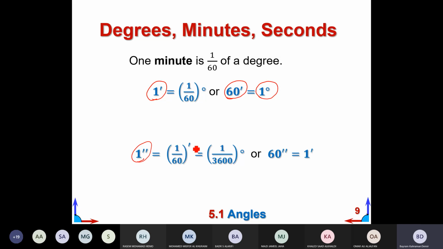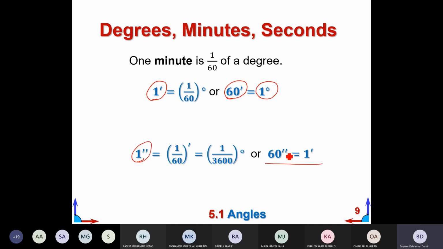So it is 1/60 minute, or 1/3600 degree. Yes, it is like in the time, 1 second time is equal to 1/3600 hour in terms of hour, right, Shabab?